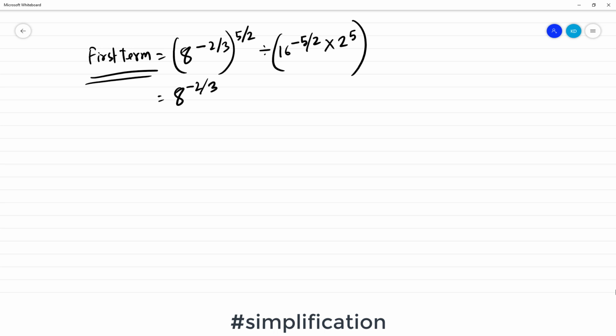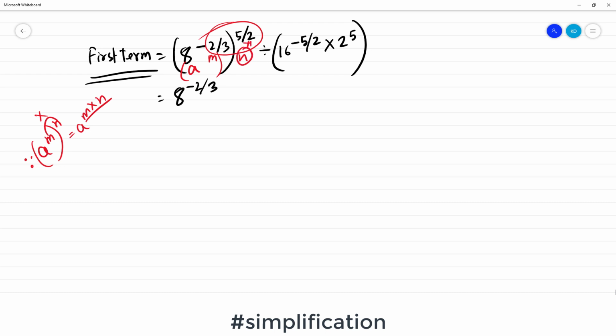Our tool for solving this kind of problem is: for a to the power m within a bracket to the power n, we just multiply both of these powers. Here this is a, this is m, and this is within the bracket, and this term is n.